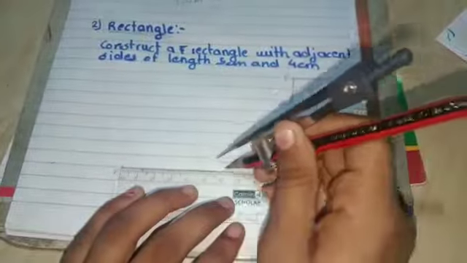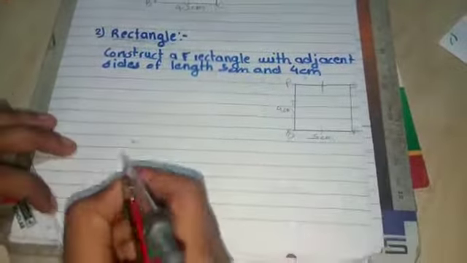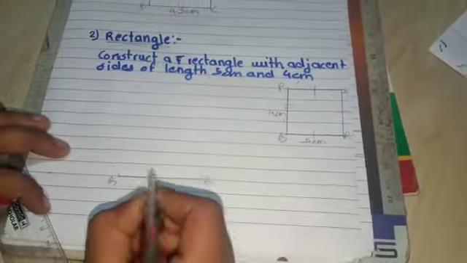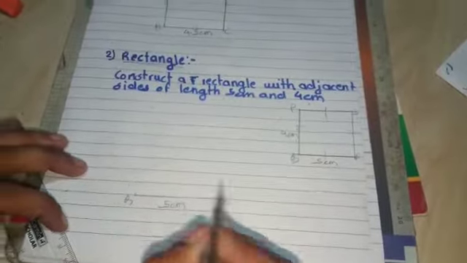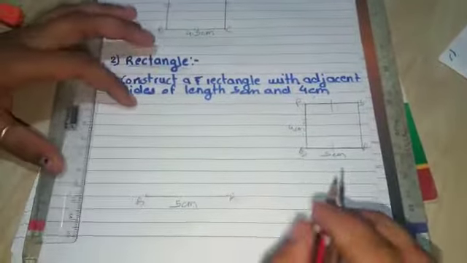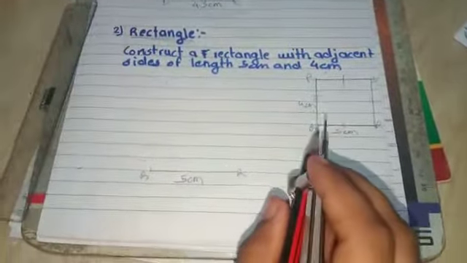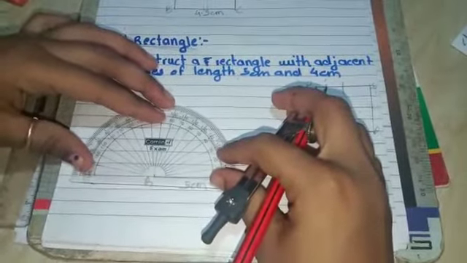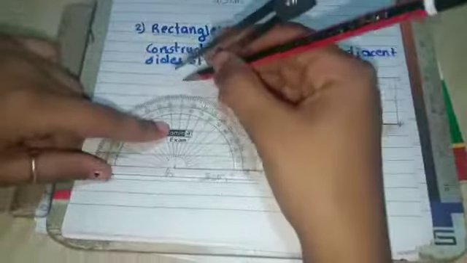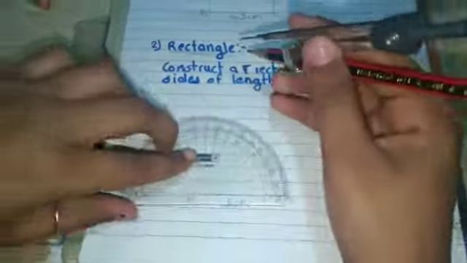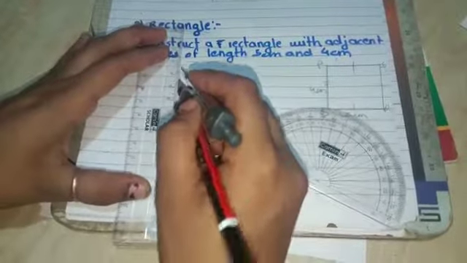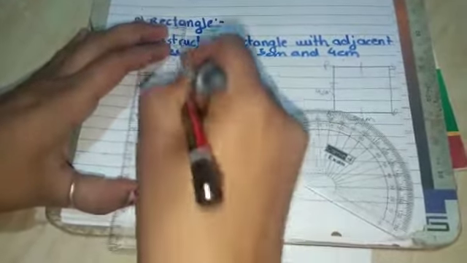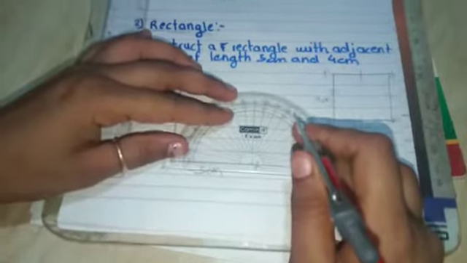Give the names Q and R. As we have seen that every angle should be 90 degrees, we will draw the perpendiculars at both points, at point Q and point R. Draw the perpendiculars here.